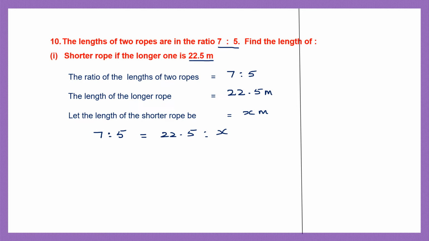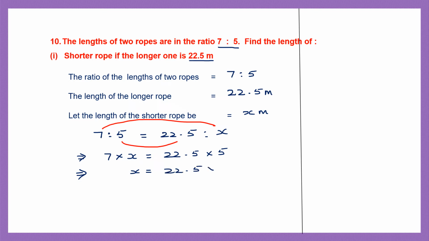So now let's find the value of x. Product of extremes equals product of means. That means 7 into x will be equal to 22.5 into 5. So to find the value of x, we say 22.5 into 5 divided by 7.